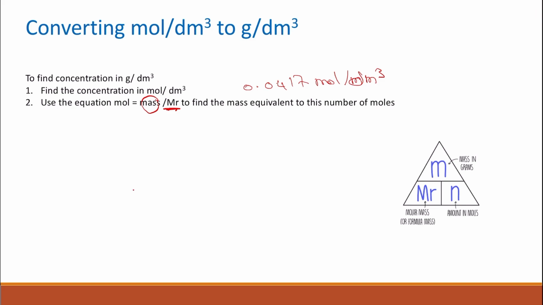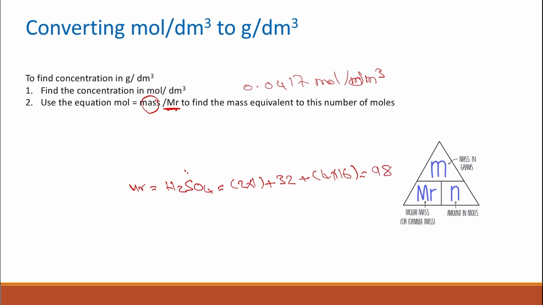So the formula mass for sulfuric acid, which is H2SO4, equals 2 times 1, which is the relative atomic mass of hydrogen, plus 32, which is the relative atomic mass of sulfur, plus 4 times 16, which is the relative atomic mass of oxygen. So in total, it's 98.